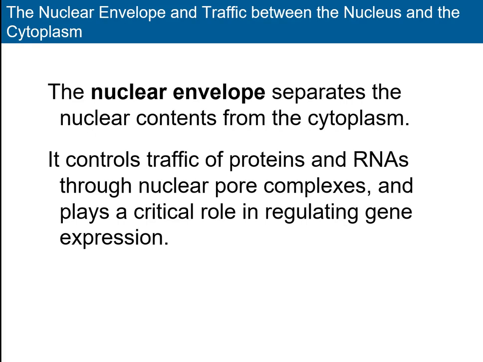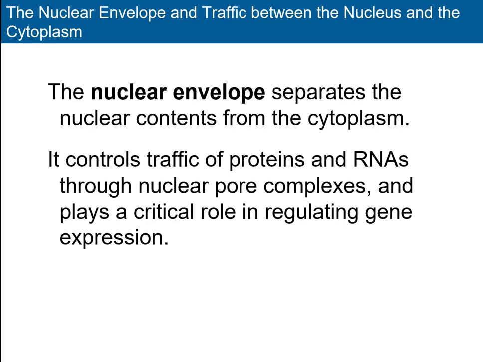Okay, so let's talk about the nuclear envelope first. It separates the nuclear contents from the cytoplasm. It also controls the traffic of proteins and RNAs through nuclear pores, which are essentially openings through the nuclear envelope.